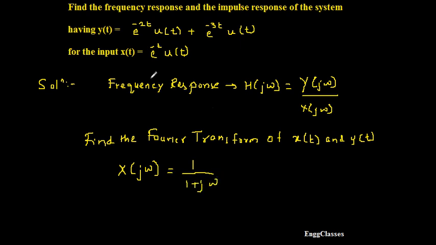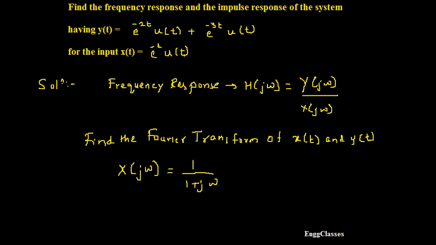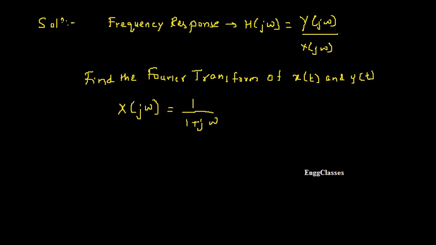So e to the power minus t u of t has Fourier transform 1 divided by 1 plus j omega. Correct? Knowing the standard Fourier transform, e to the power minus a t u of t is equal to 1 divided by a plus j omega. So knowing that, I can write the result.